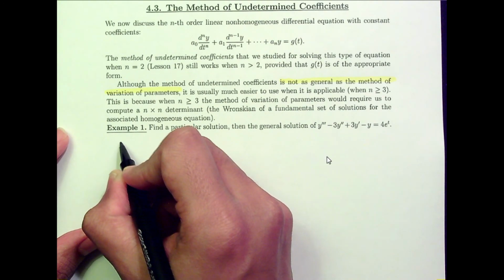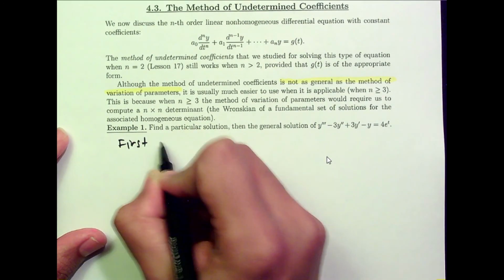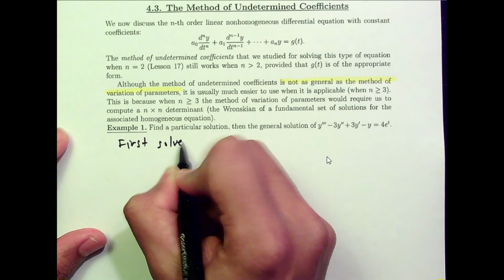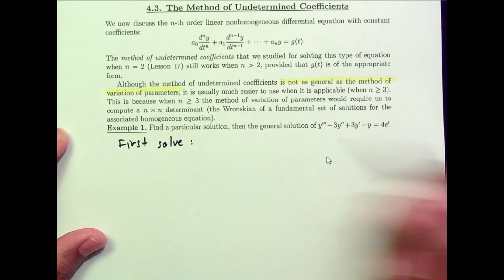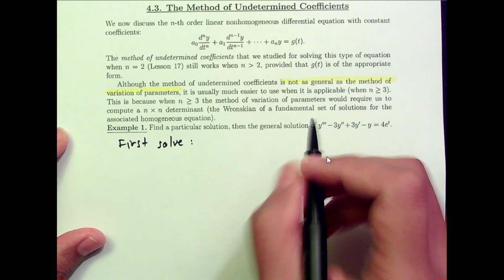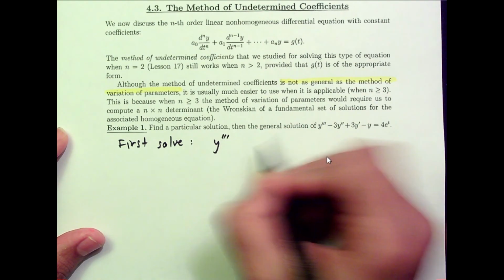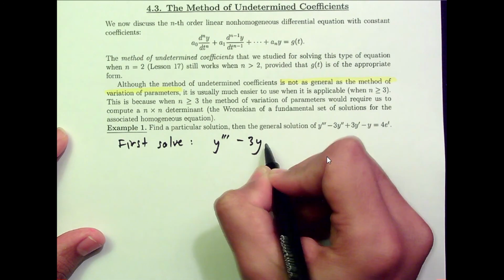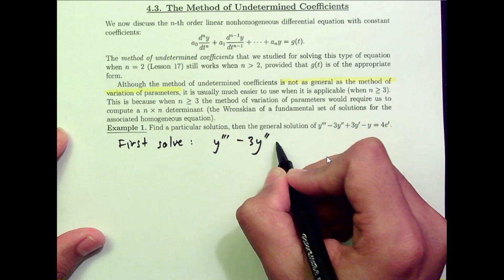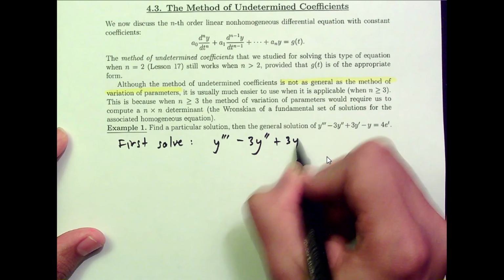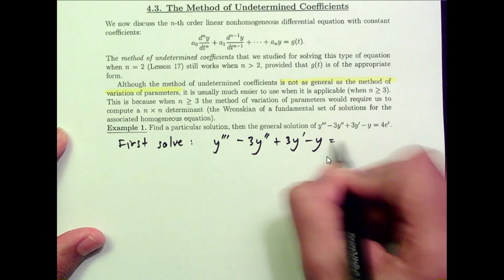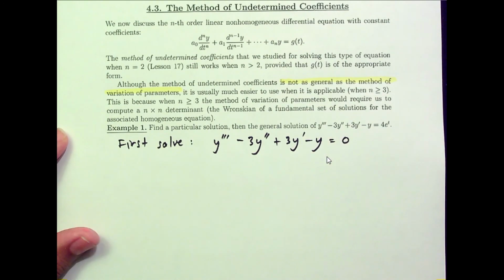So first we solve the associated homogeneous differential equation: third derivative minus 3y double prime minus 3y prime minus y equals 0.